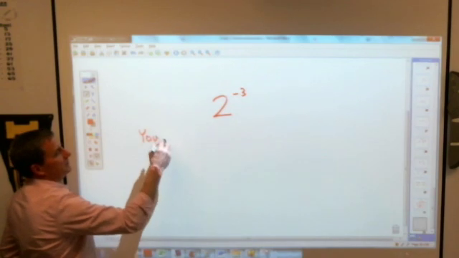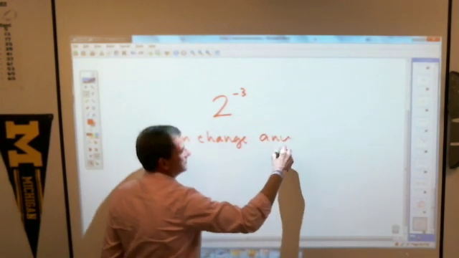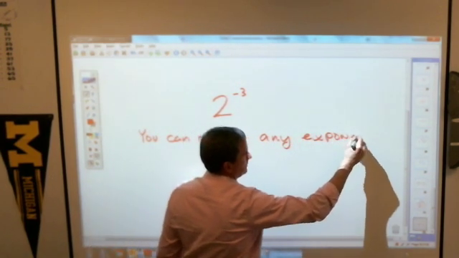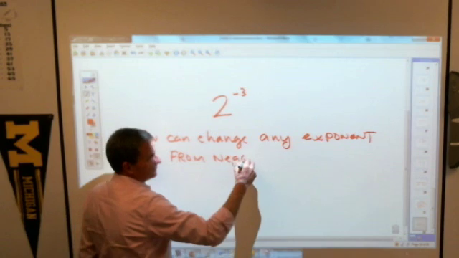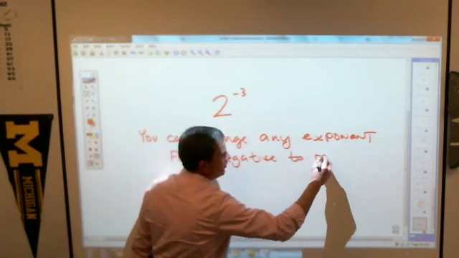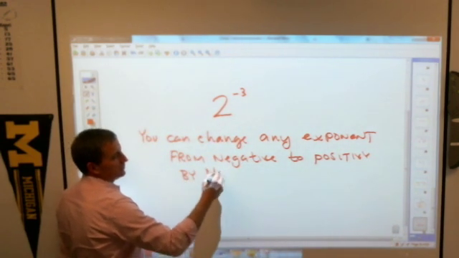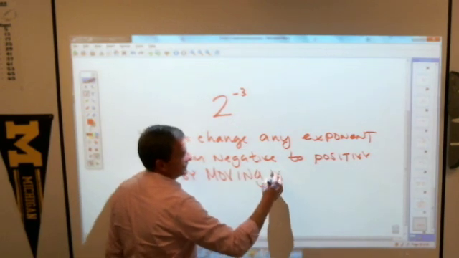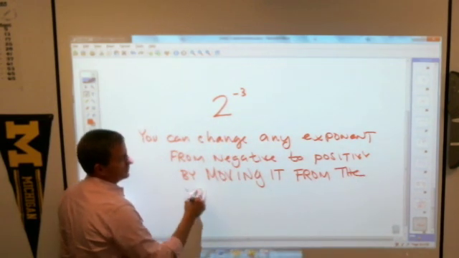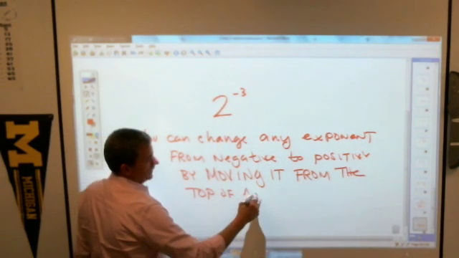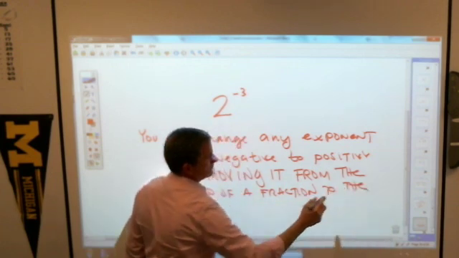You can change any exponent from negative to positive by moving it from the top of a fraction to the bottom.